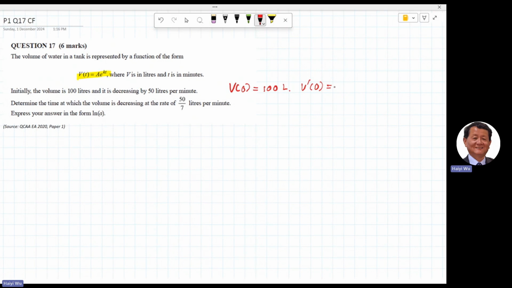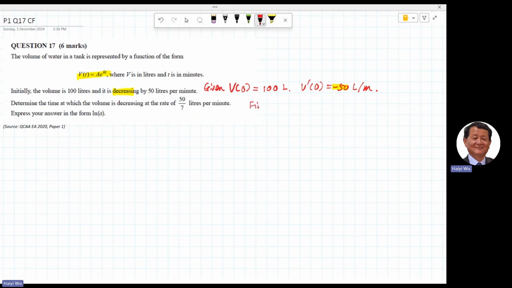Now, decreasing, we need to remember, is negative 50 liters per minute. So it is very important to give the negative value for the velocity, for the gradient. The rate of change is negative because it's decreasing. Very important word, decreasing. So that's a given.